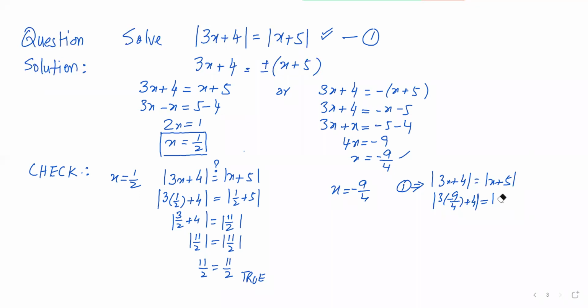On the right hand side, minus 9 over 4 plus 5. Minus 27 over 4 plus 4 is equal to, the left hand side is giving you minus 11 over 4.